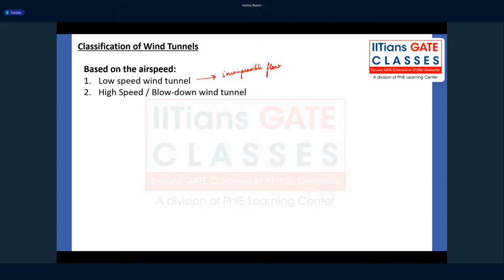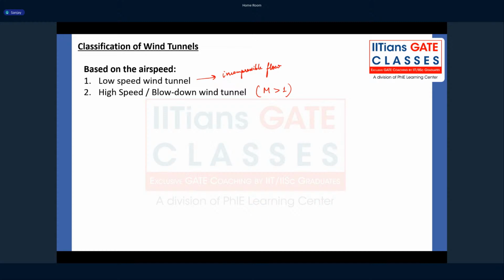When it comes to a high speed wind tunnel, it deals with supersonic flow or hypersonic flow. So this is mostly for flows beyond Mach 1. Okay, so this can give you flows beyond Mach 1, or it can be a supersonic flow. We have supersonic wind tunnels or blow down wind tunnels.